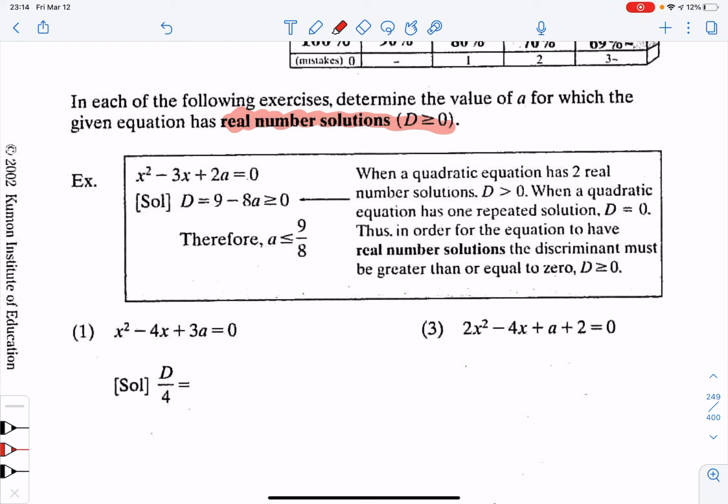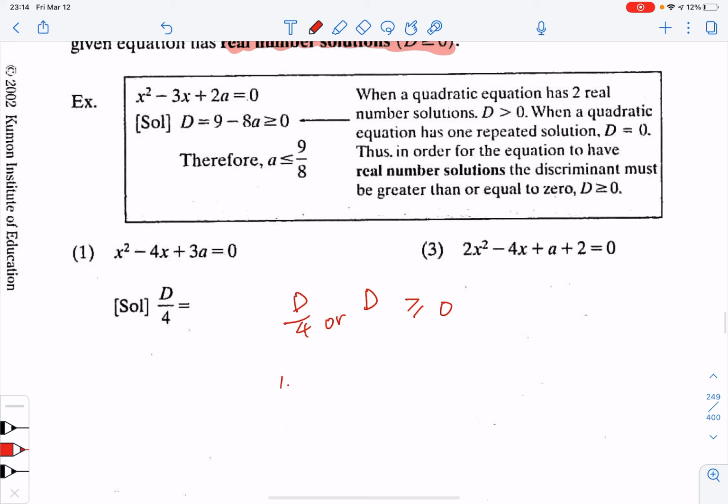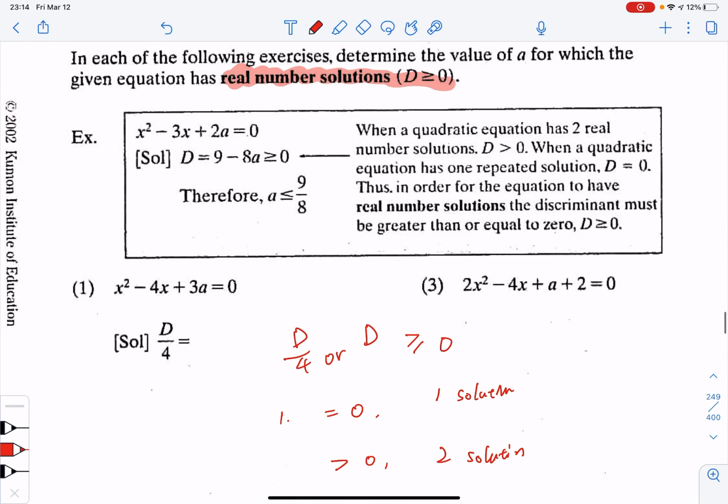So in this case, D or D over 4 would be greater or equal to 0, because when it's equal to 0, it only has one solution. When it's greater than 0, it has two solutions.